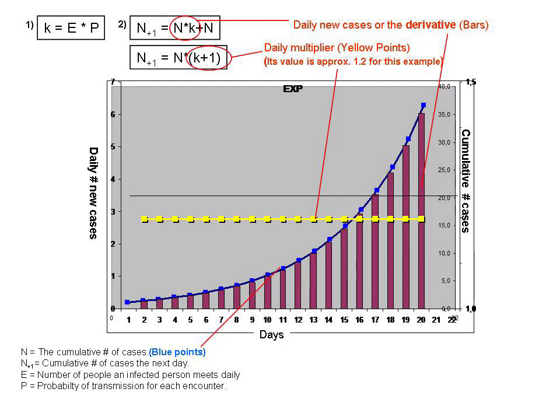So the daily multiplier you can see here is the k plus 1, which, if everything goes stably, is a constant. And n times k is the number of new cases created each day, which is kind of the derivative of the function. And the cumulative number of cases, shown in blue, is the n changing by day, which is an exponential.